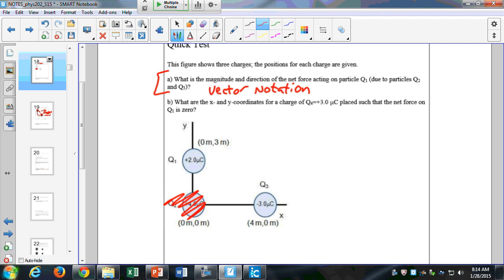So express the magnitude and direction of the vector, and then also the vector in vector notation, the ij notation. You'll want to draw your vectors on Q1, or your vector, rather.